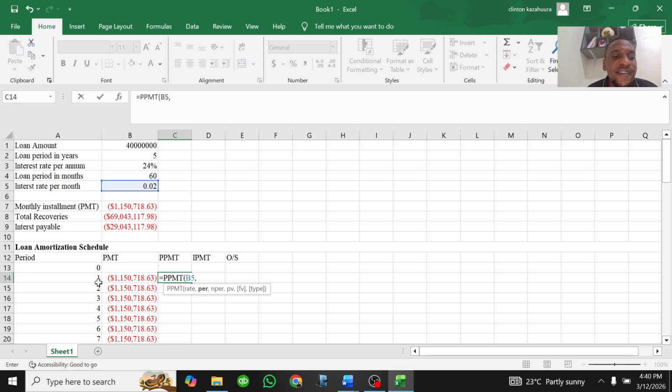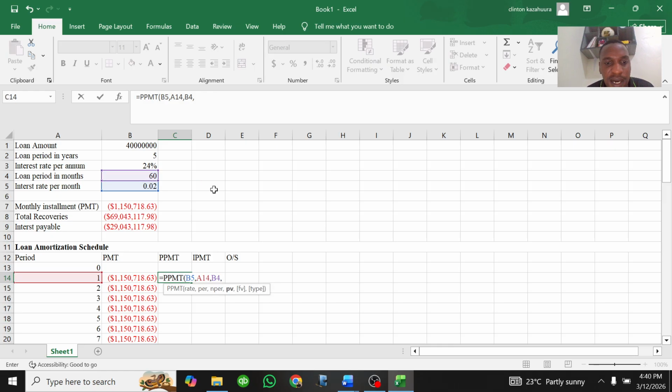The period is this actual month that we are working in. So I click there, comma. What is the number of periods? The number of periods is the number of months, so it is 60. So don't confuse the two. One is period, another one is number of periods. Period is the actual month that we are dealing with. The number of periods is the 60 months that we are actually dealing with.